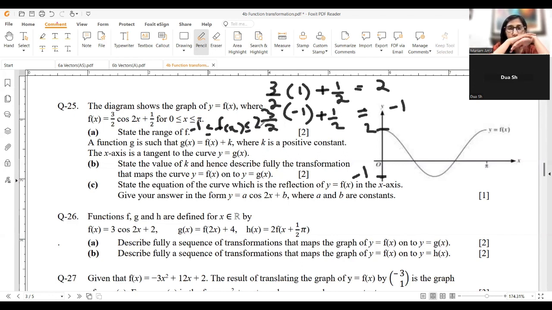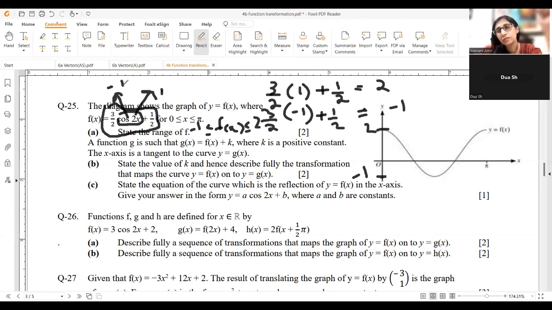You have to state the range. So the maximum value cos 2x can have is 1, and the minimum value cos 2x can have is -1 from the graph of cos 2x.